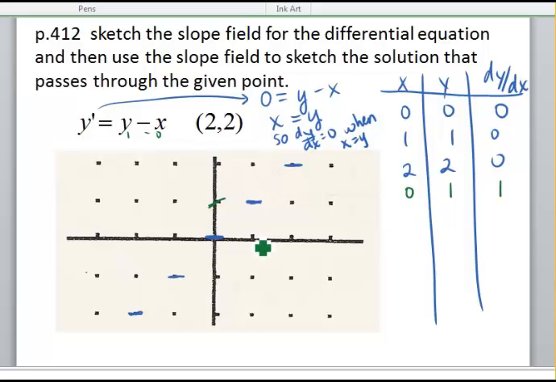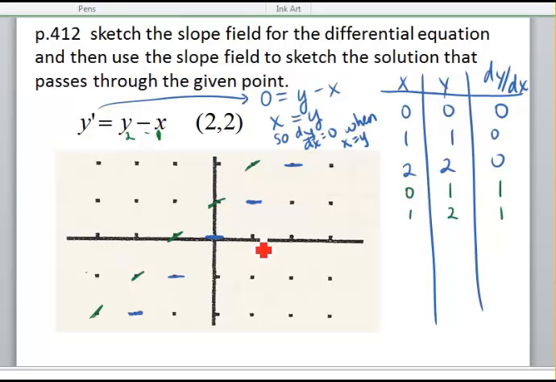If I plug in 1, 2, 2 minus 1 is 1. So it's going to hold true. I can just finish up all the dots in that diagonal. All those points are going to have a slope of 1. You could plug in each one, but I don't think it's necessary. We've kind of proven that with those two.